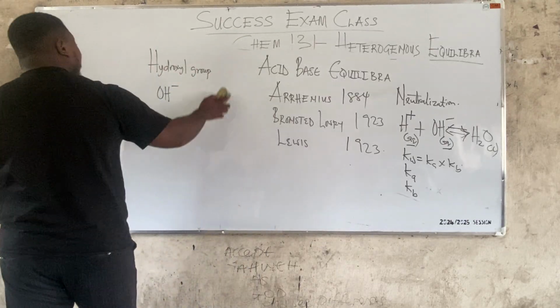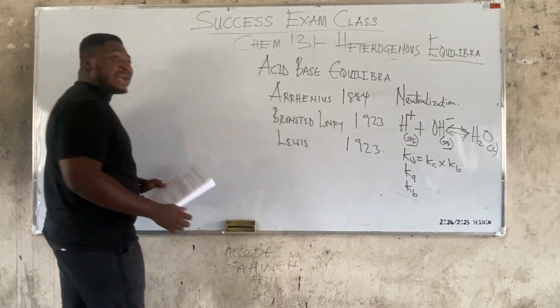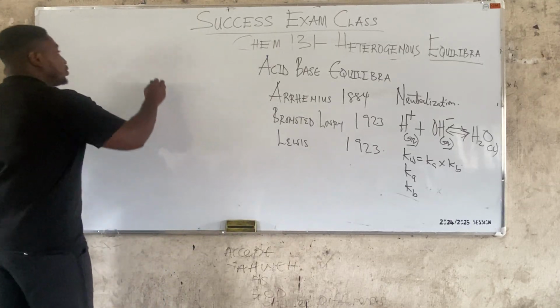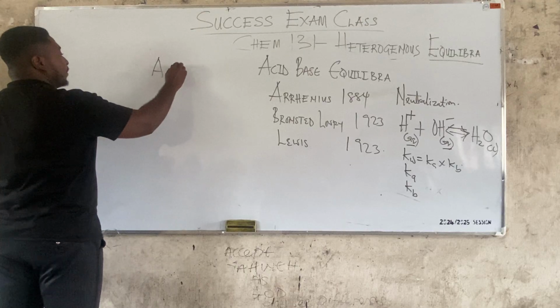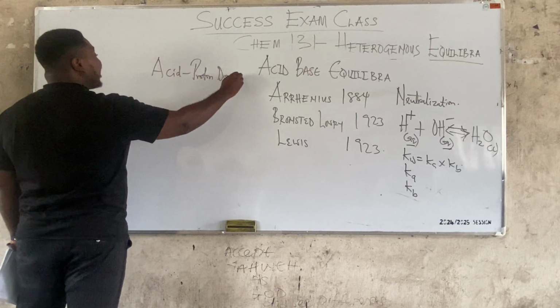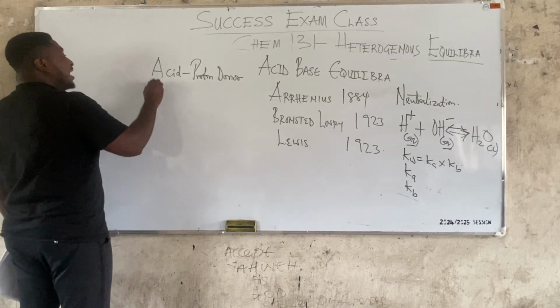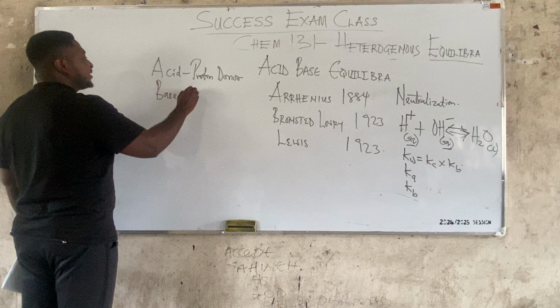So an acid is a proton donor. In the exam, you could be asked: according to Bronsted-Lowry theory, an acid is a dash, a proton donor, and a base is a proton acceptor.